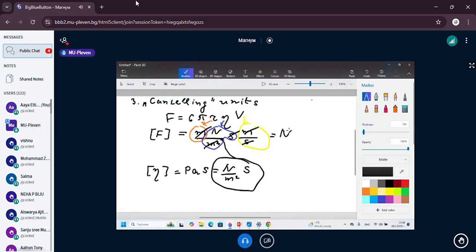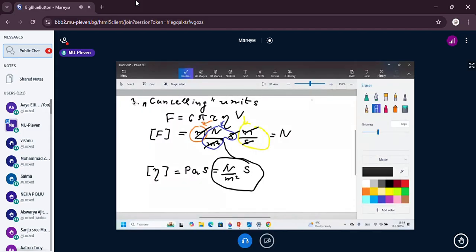Then, next thing, let it be the method of units for determining equations.